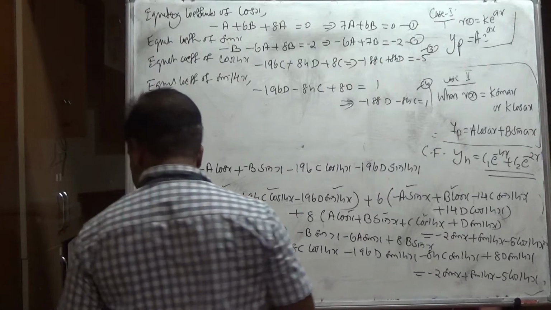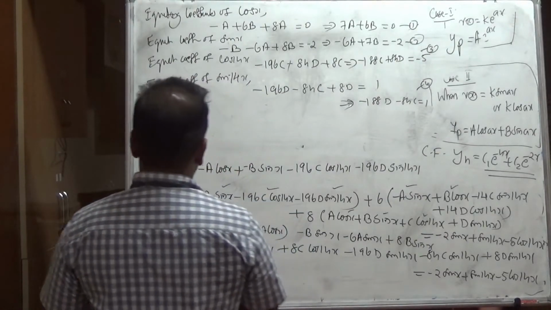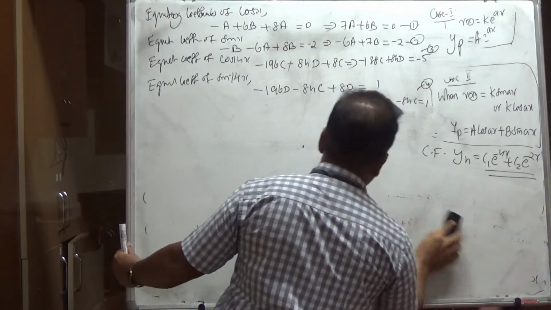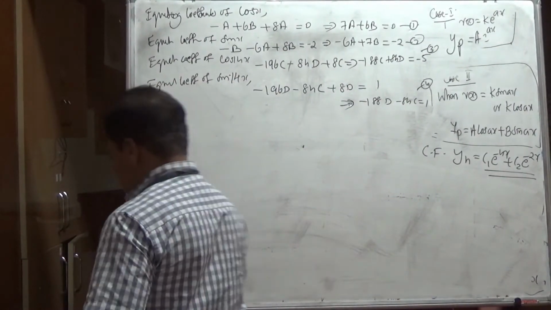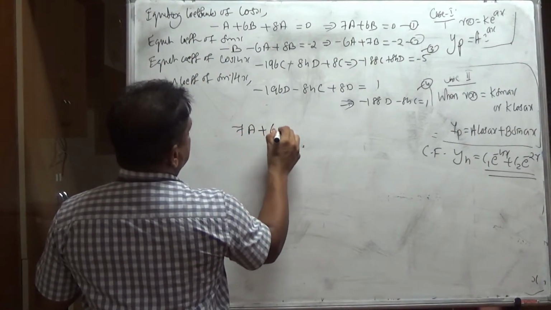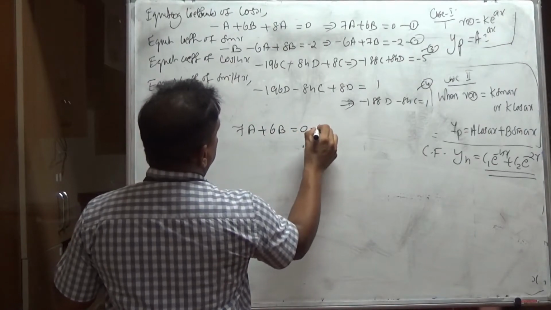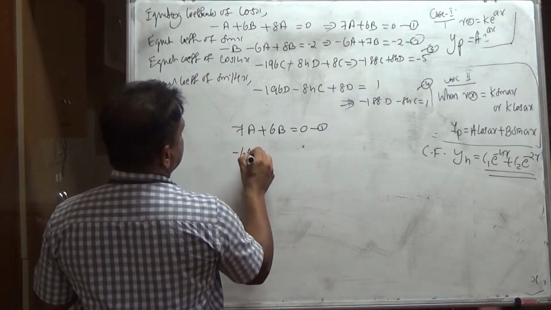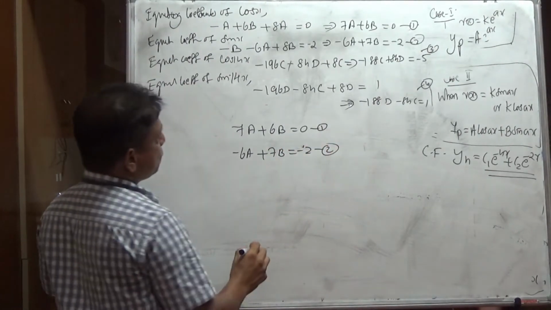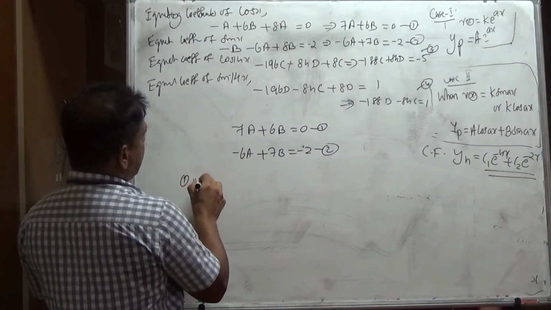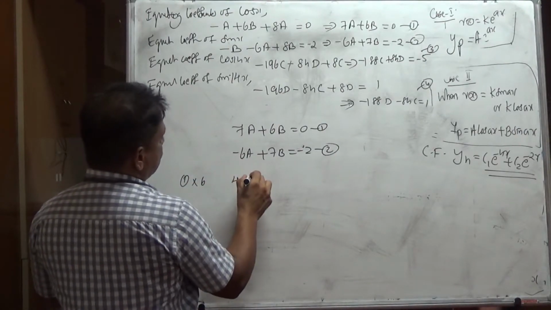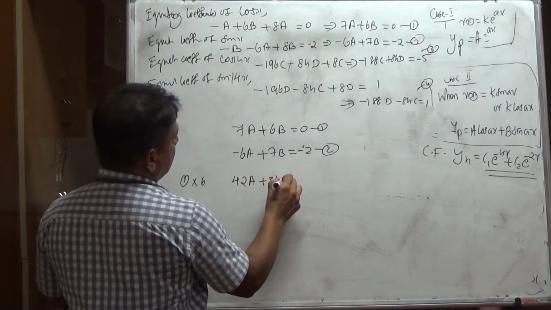We can solve these 4 equations to get the values of a, b, c and d. The first equation is 7a plus 6b is equal to 0, and the second is minus 6a plus 7b is equal to minus 2. Multiplying the first equation by 6: 42a plus 36b is equal to 0.